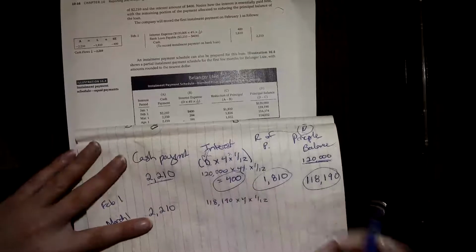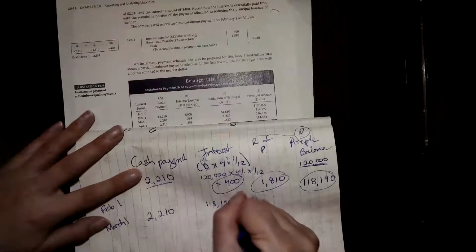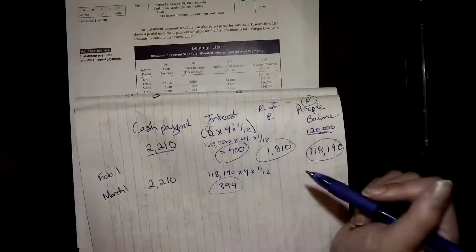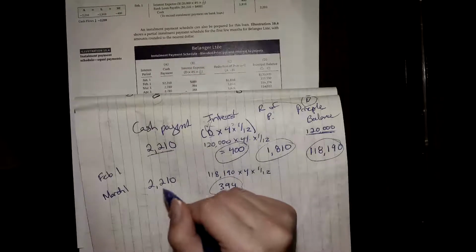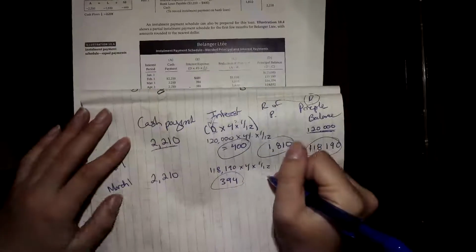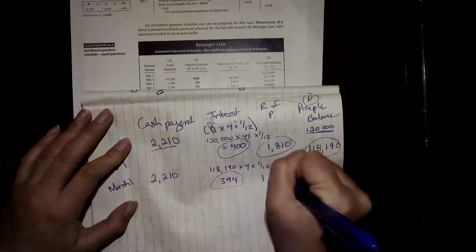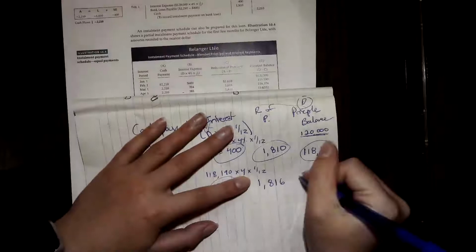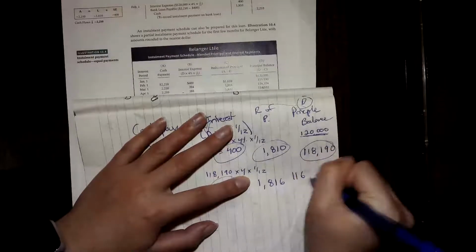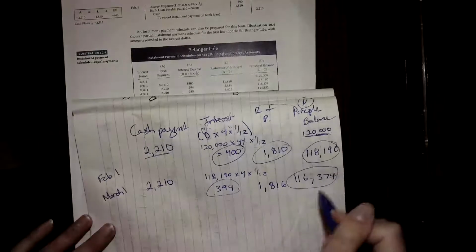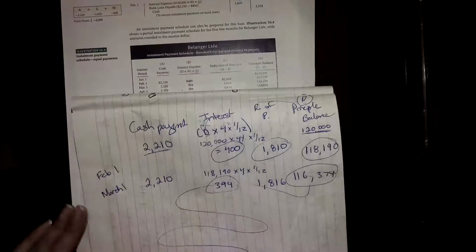Only the D changes here to get 394. Then you see, okay, well, if we're paying 394 in interest, how much of the actual principal are we paying back? 2,210 minus 394. We get 1,816. And then you would say, okay, at the end, this is how much is left to pay back, and it just continues and continues and continues.